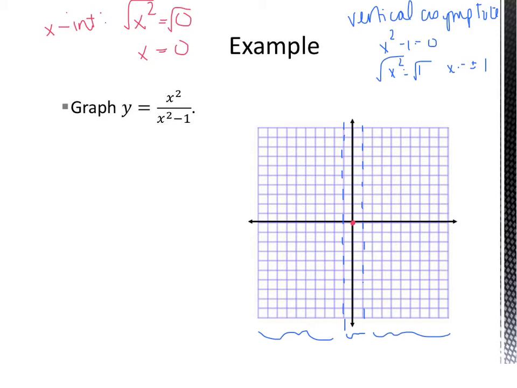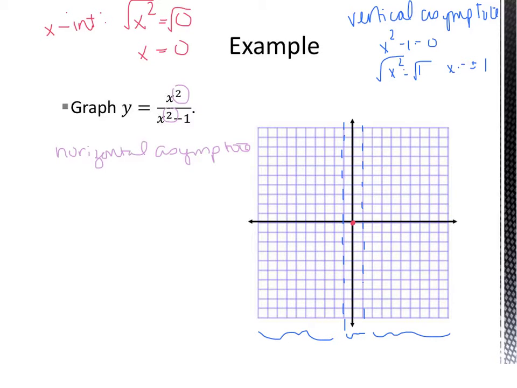And let's go ahead and look real quick at our horizontal asymptote. And remember, for our horizontal asymptote, we're going to look at the degrees of the top and the bottom. So the top degree is 2, bottom degree is 2.